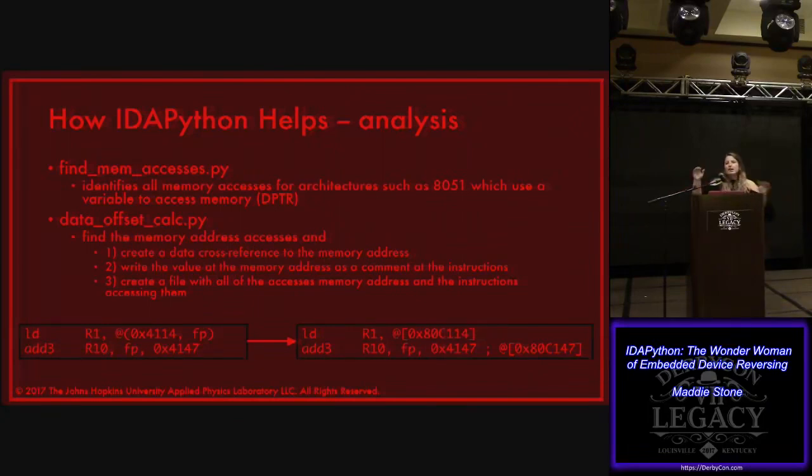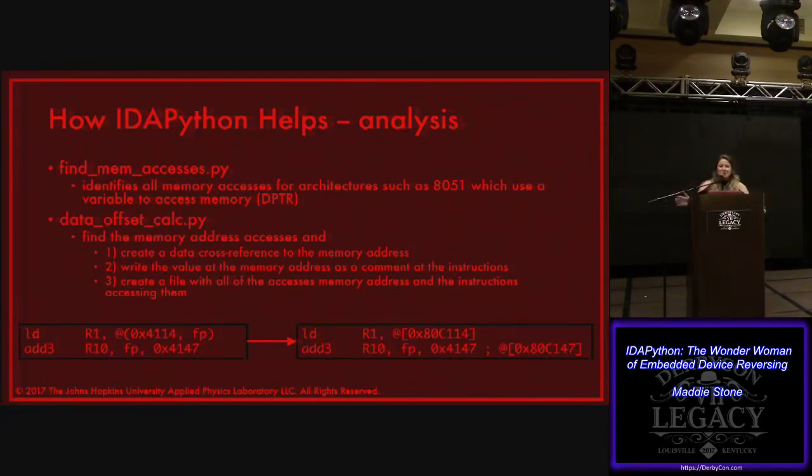For others, they just have different places in the image so that they can use different values for calculations, timing, things like that. So everywhere in the code, I kept seeing things like this: load the value at the frame pointer plus hex 4114 into register 1. That really doesn't help me very much.